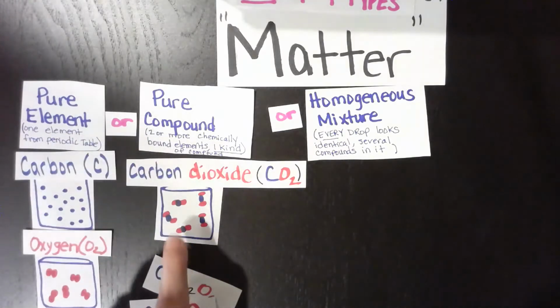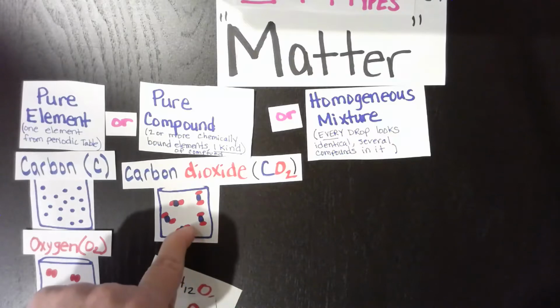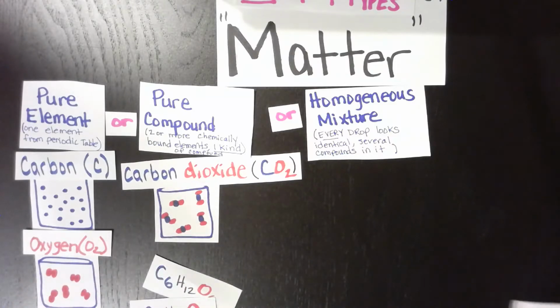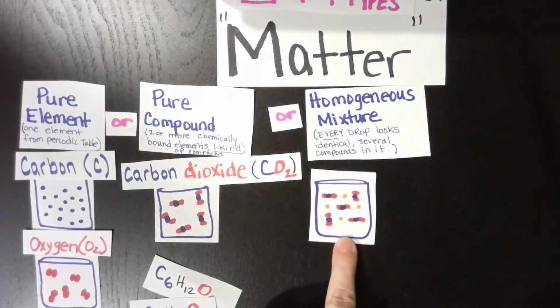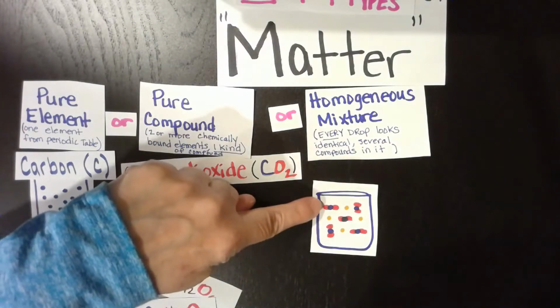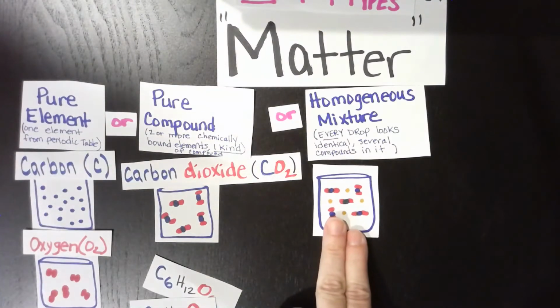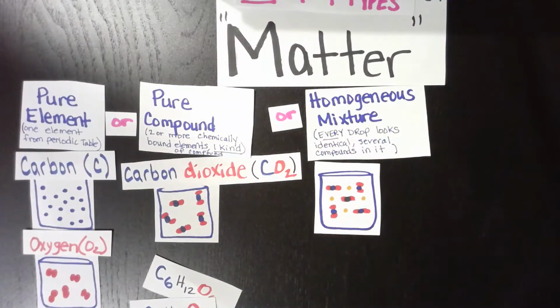It is not a pure compound with just one kind of compound in it, like our sample of carbon dioxide here. In a homogeneous mixture, you would have evenly spaced out molecules in such a way that you could not pick apart where one part of the mixture started and where the next part ended.